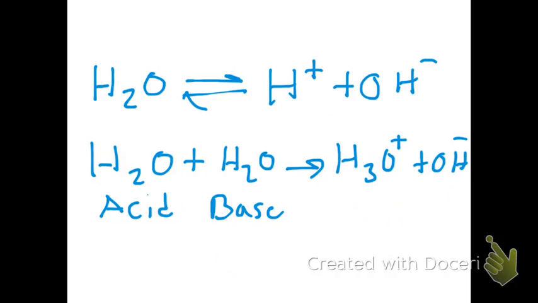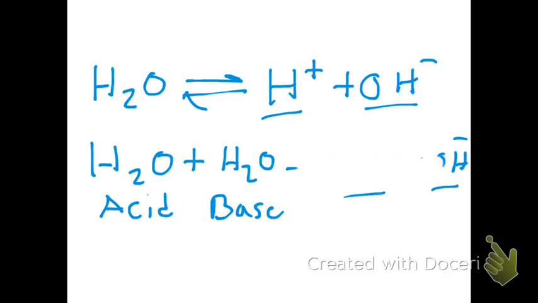Alright? So, again, our H pluses, or the hydronium ion, is the conjugate acid, and the conjugate base is going to be the hydroxide ion. So, when we look at solutions, what we're really looking at is a measurement of the hydronium ion concentration versus the OH minus concentration.